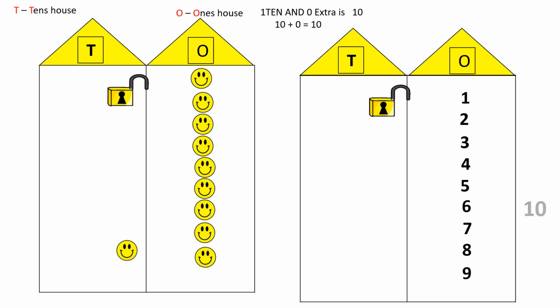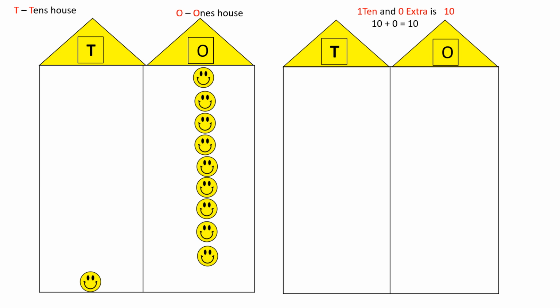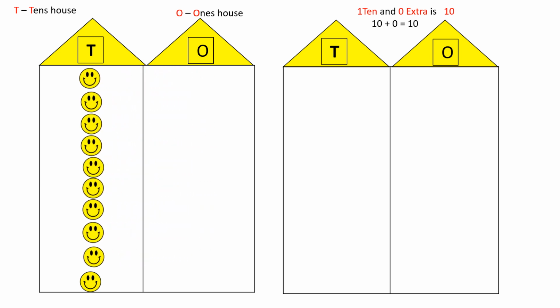Now you know that 10's house has 10 smileys. Look how all the 10 friends went to 10's house to do party because the single one was waiting and he called all his friends back to 10's house.